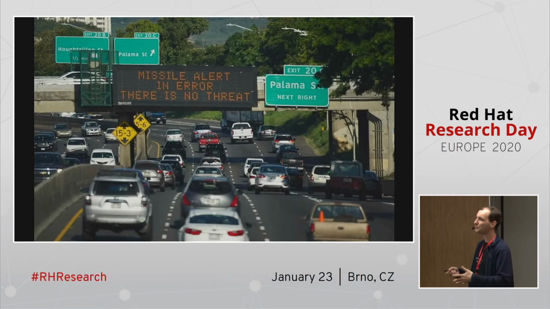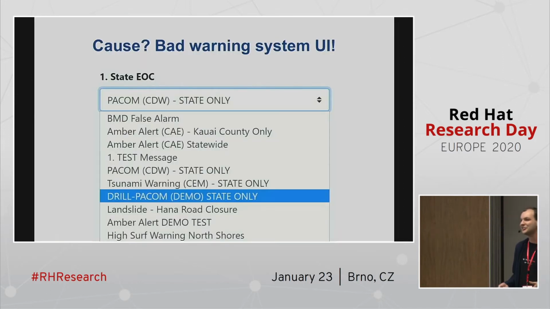And you could probably blame the operators of the alarm system that they are careless, that they didn't think about their work, or whatever you could think about. But the thing is that the alarm system has the user interface that looks something like this. And these are the possibilities that you can issue basically island-wide. The operator was supposed to do a regular drill that takes place once a month.